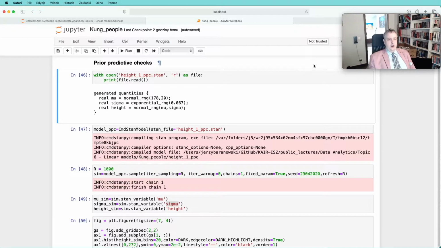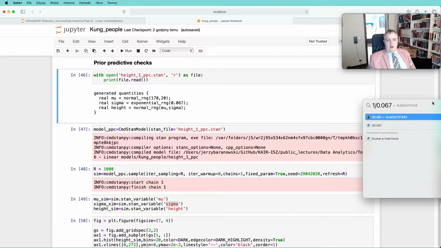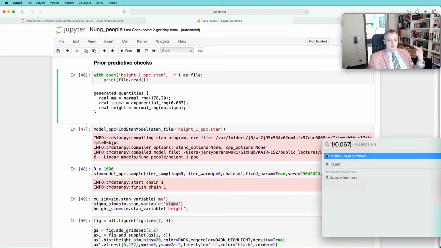In case of sigma, we have a kind of puzzling exponential distribution with a parameter 0.067, but the mean of an exponential distribution is 1 over the parameter.